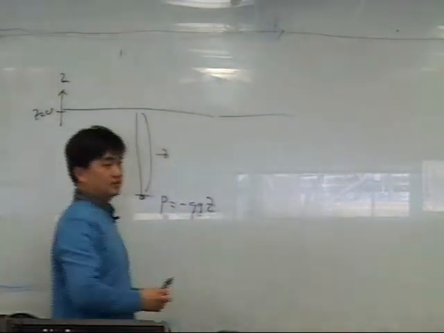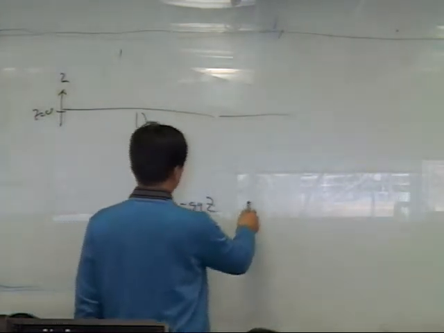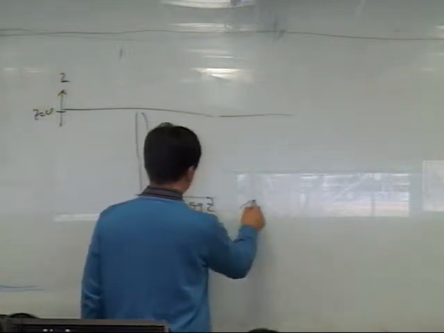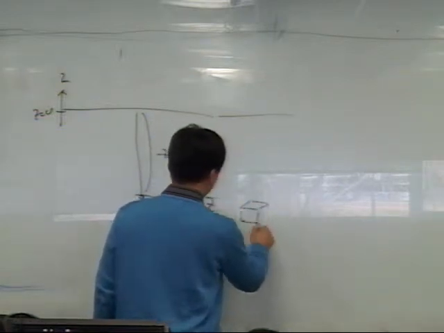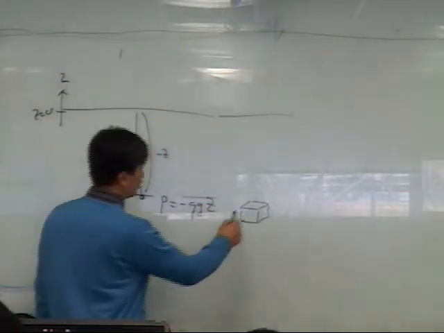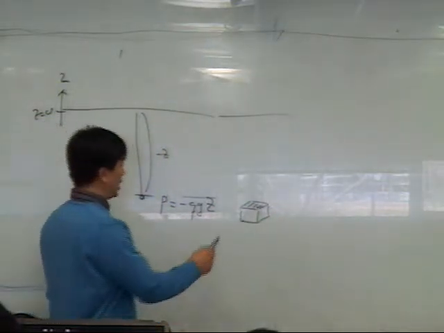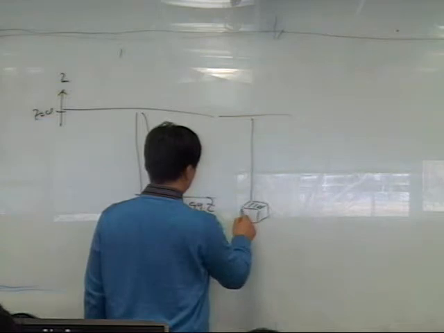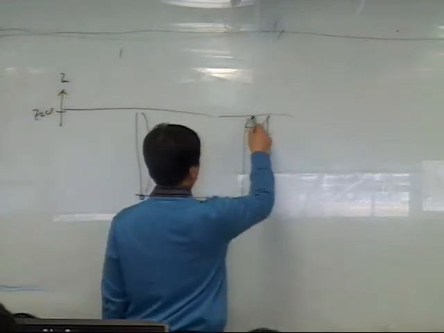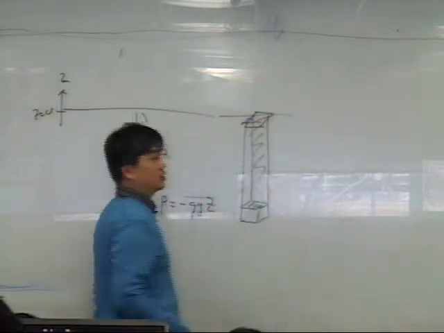Actually, I thought most of you know about that. It's very simple to prove. Let's say at this level we have a very small cube like that. We can calculate the pressure at the top of the cube by the column of water here, right?